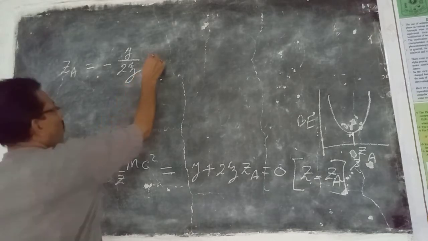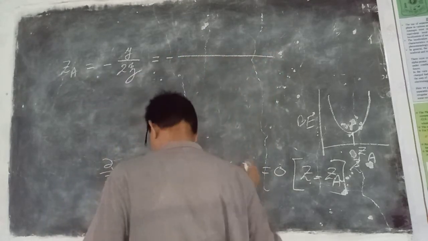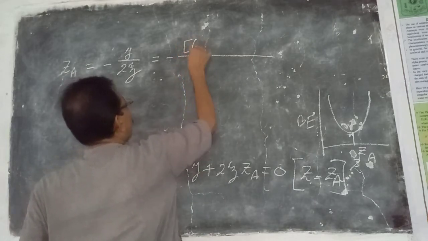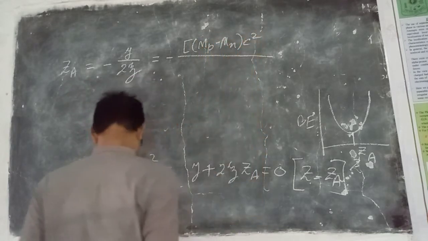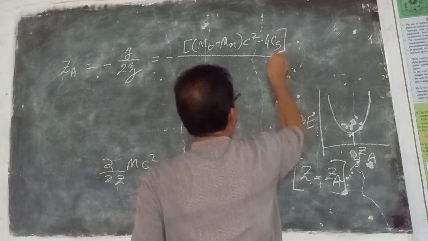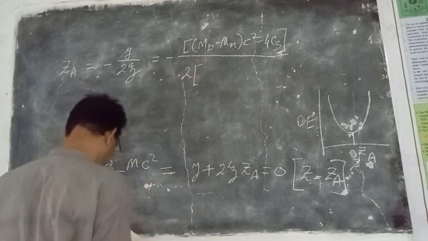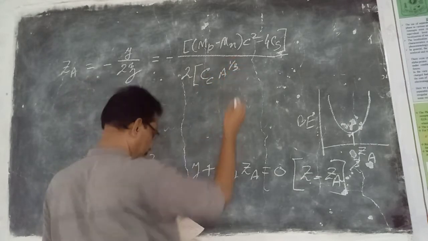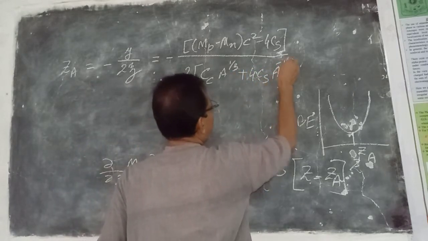Now if we substitute the values of y and z from the equation, we get for y, M_P minus M_N c square minus 4C_S, and in the denominator twice C_C A to the power minus 1/3 plus 4C_S A inverse.